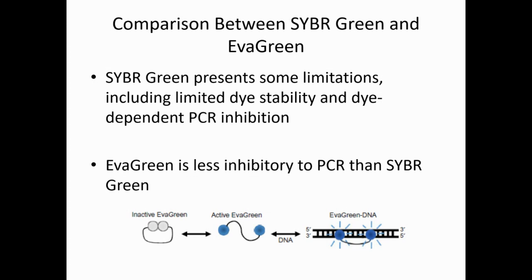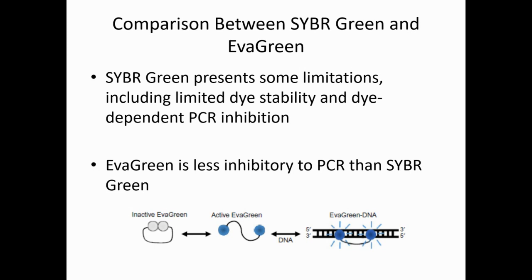And a low SYBR Green concentration can compromise the PCR signal strength. It can also make the DNA melting curve data unreliable because of the dye redistribution phenomenon. That's the problem when you use SYBR Green.